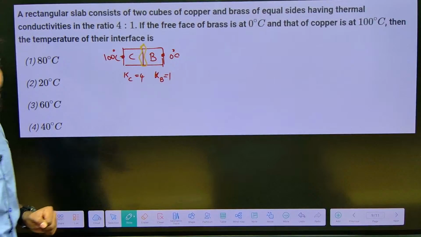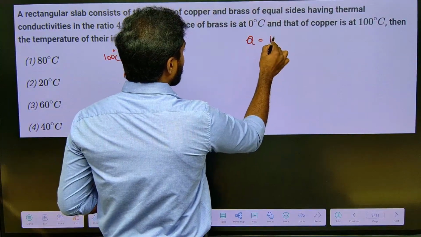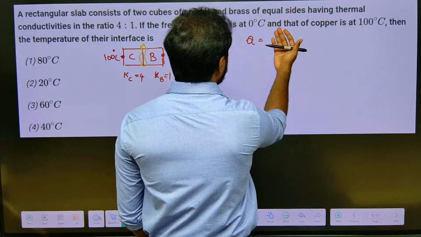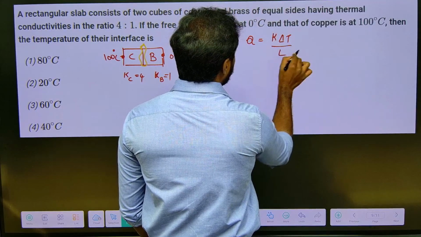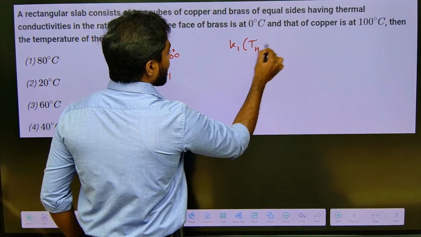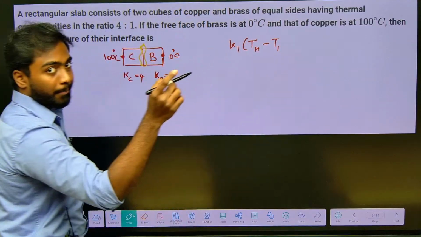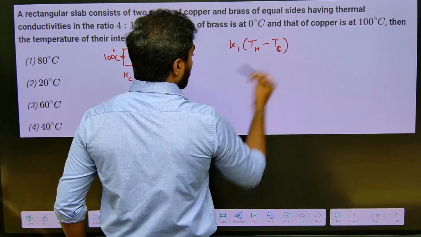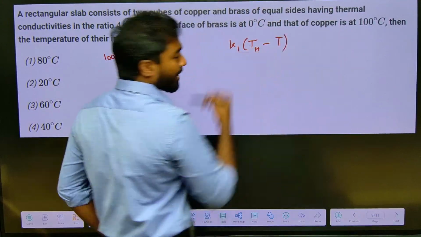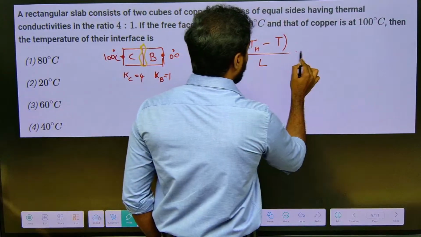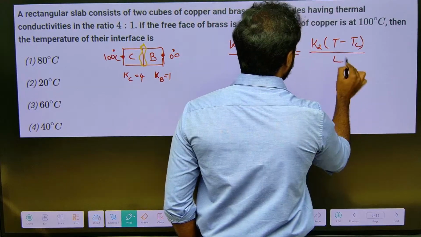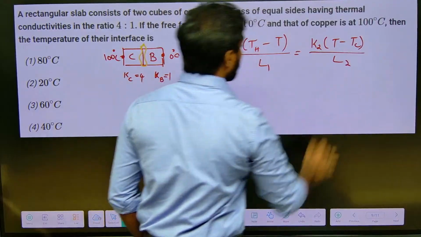Simple formula, no? What is the formula? Q will be equal to K times delta T by L. Or I can write the formula as K1 (TH minus T) divided by L1 equals K2 (T minus TC) divided by L2, with A1 and A2 also there.